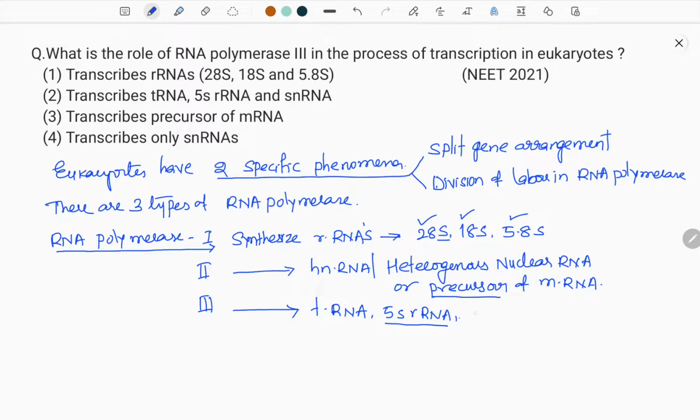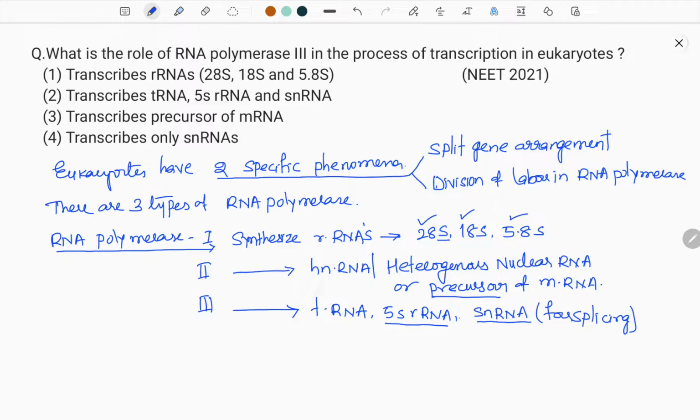And one more, that is snRNA. snRNA stands for small nuclear RNA. Small nuclear RNA is meant for splicing. Do remember, it is meant for splicing. Splicing means removal of introns. This splicing is done by small nuclear RNA, and this small nuclear RNA is formed by RNA polymerase 3.